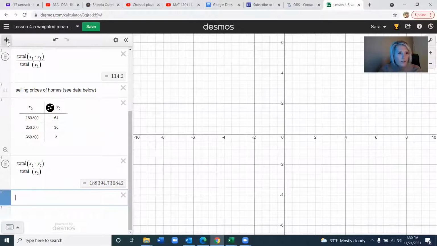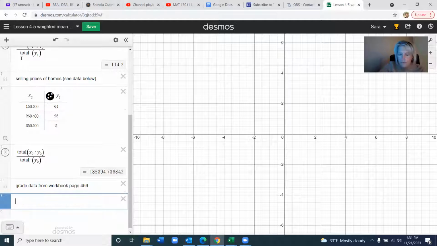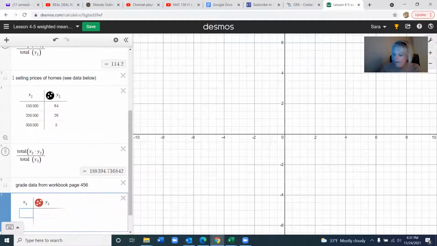So down here, I'm going to make a note of what's below. This is the grade data from workbook page 456. Okay, so let's go ahead and start our table.